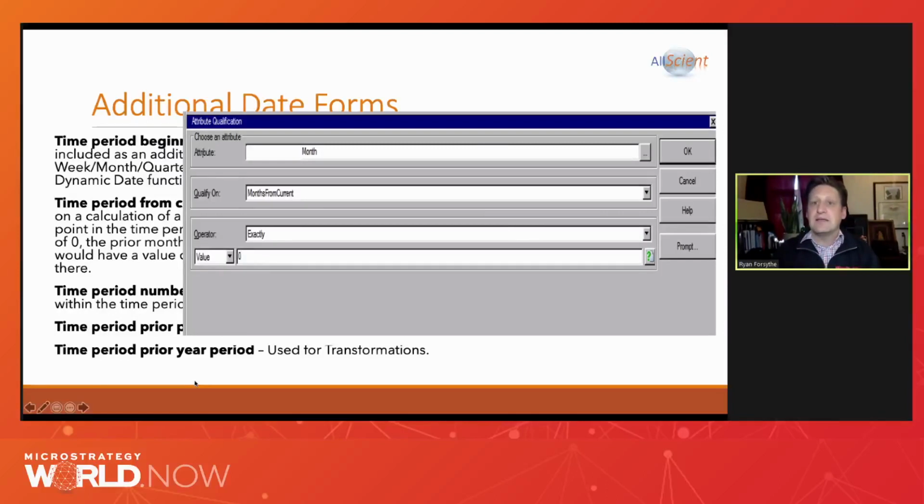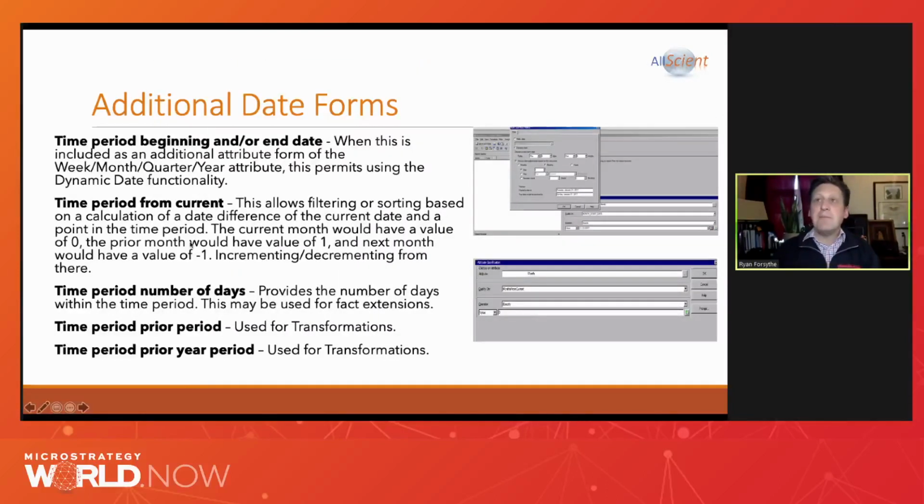Another one is time period from current. This is another good thing to put in the view. Even if everything else is coming off a straight date, month, quarter, year table, do time period from current. It's typically not a huge overhead, but once again it allows filtering and sorting based on the calculation of that date difference.